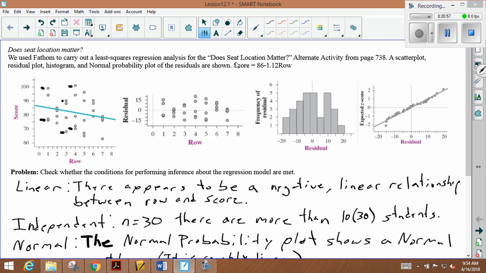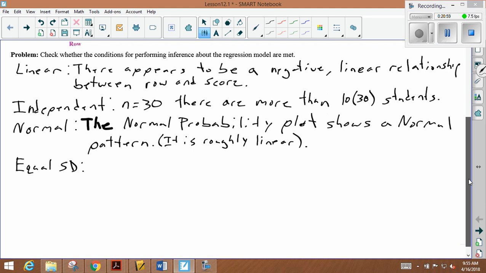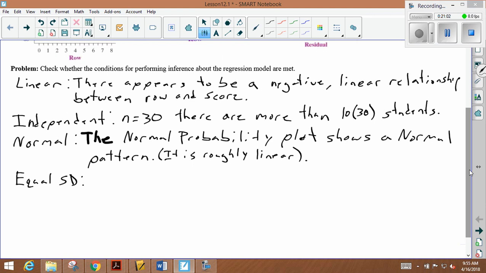So that's what we're looking at when we're talking about equal standard deviation. So we would say as x increases, the variability in y stays relatively constant, we could say. Take a look at this.